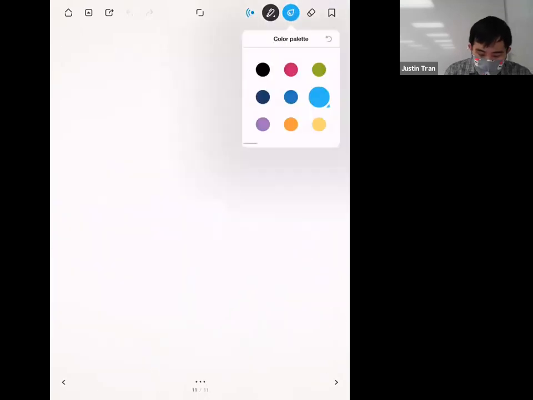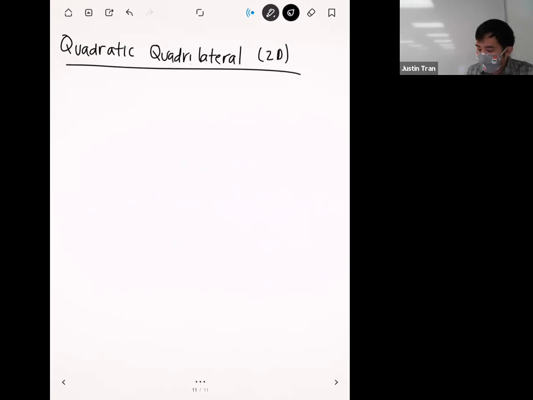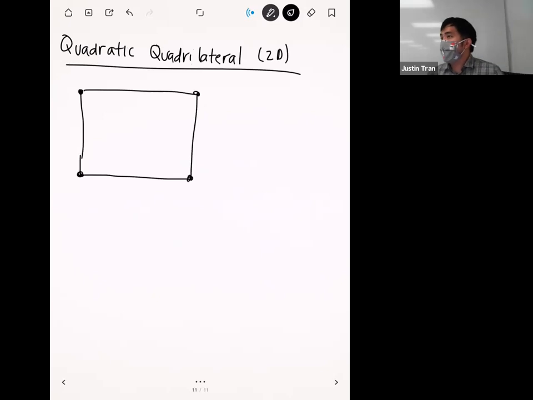And so now let's go over the quadratic quadrilateral, which again is a 2D element type. To get our quadratic quadrilateral, we're going to start with our linear quadrilateral just like we did before, except now we're going to add some additional nodes at the midpoints of the edges.